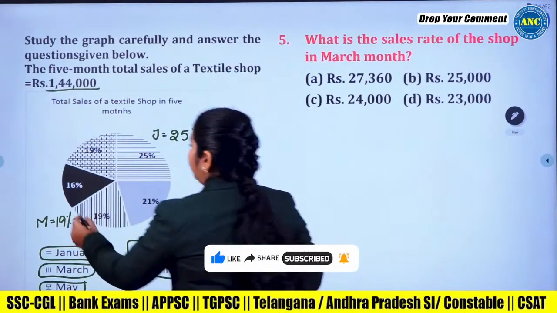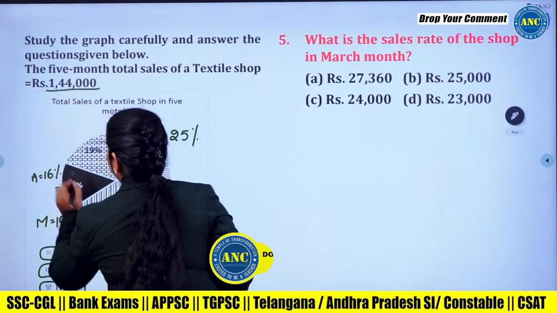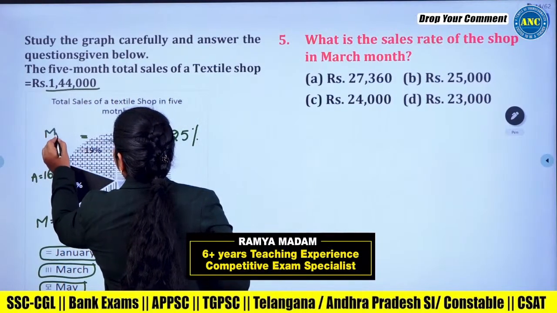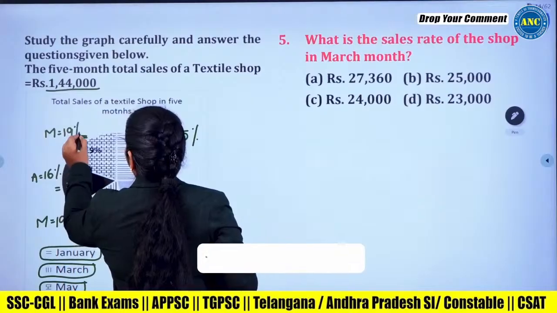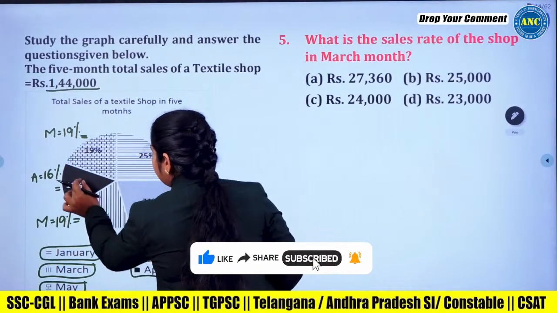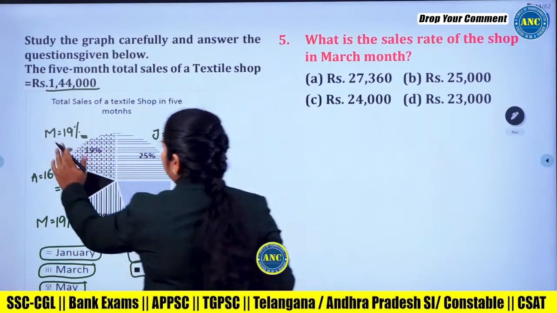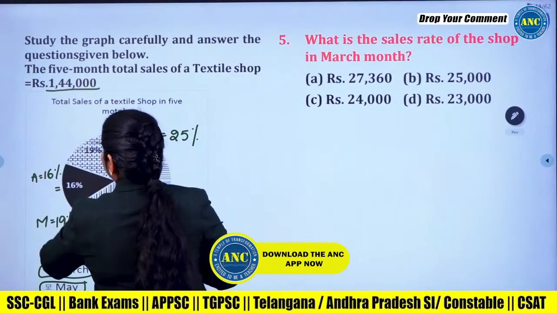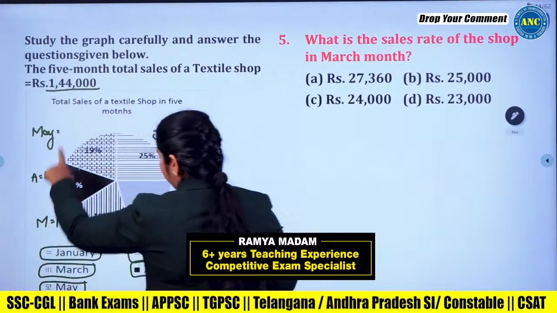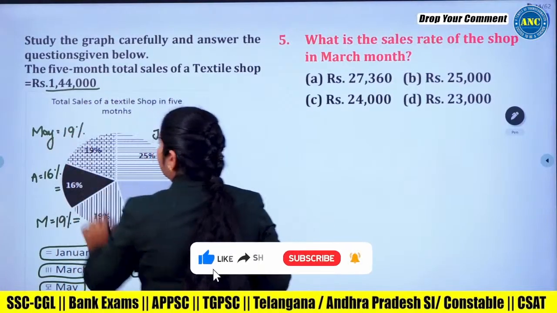April, it is 16%. And May, it is 19%. Why am I writing all these things is because you might not find the information, so I am writing it out here. March and May, again we get confused while solving. So it's May 19%.